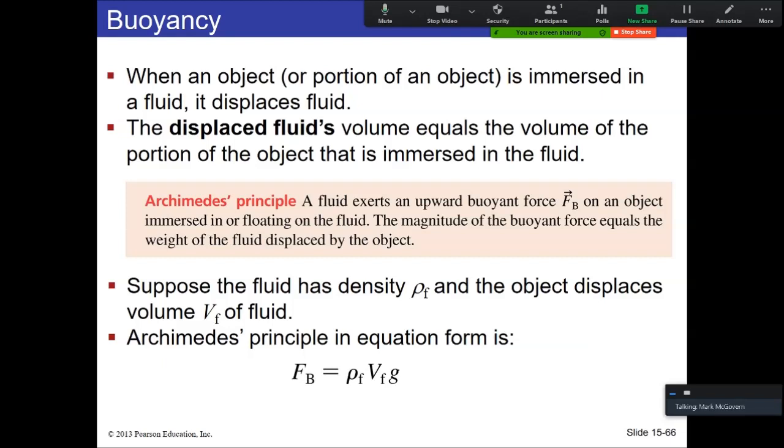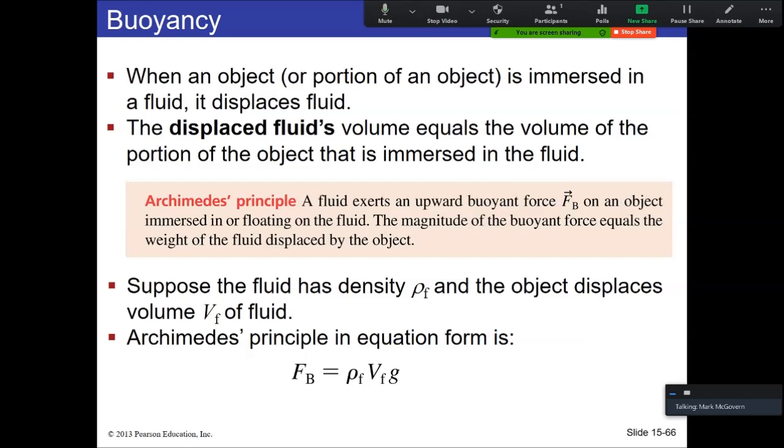And we have a principle that explains this we call Archimedes' principle. And what it says is that a fluid will exert an upward buoyant force. Remember, that's a net force on an object immersed or floating in the fluid. Now, the magnitude of this net force is going to equal the weight of the displaced fluid. That's the idea here.